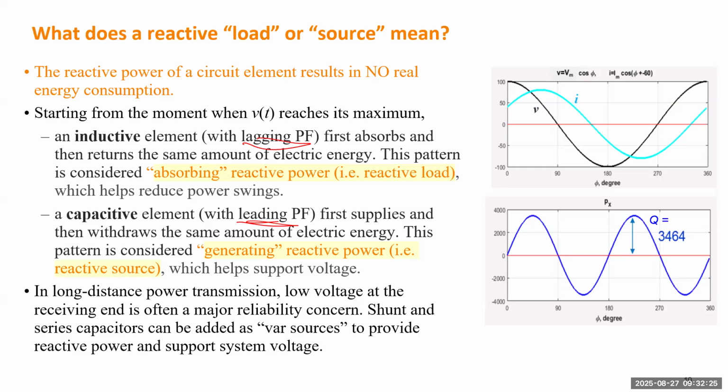It can be connected as a parallel branch to the load or in series with the transmission line. Such capacitors, or any other device which can behave like a capacitor, are called var sources. It may not be a real capacitor, but it will behave like a capacitor to make current lead voltage. So such devices are considered var sources. Var sources means reactive power sources.